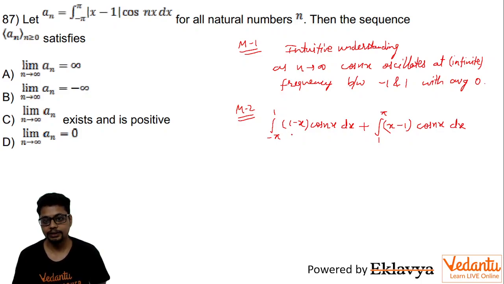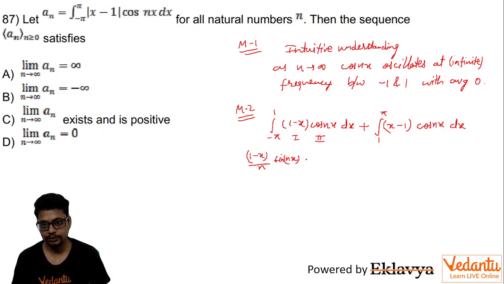As you integrate using by parts, taking this to be the first function and this the second function, you get (1 minus x) by n sin nx, minus would become plus, because the derivative of 1 minus x is minus 1, so you get plus the integral from minus pi to 1 of 1 by n sin nx dx.